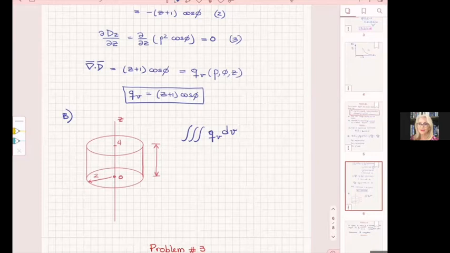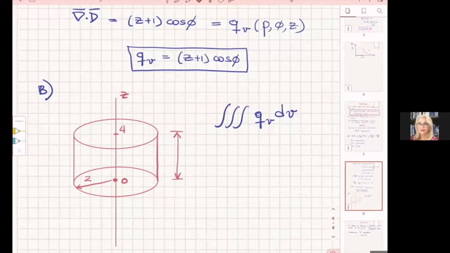So how are we going to define a small volume here? Practically, you define it as follows, and then it goes like this. Okay, this is a volume.